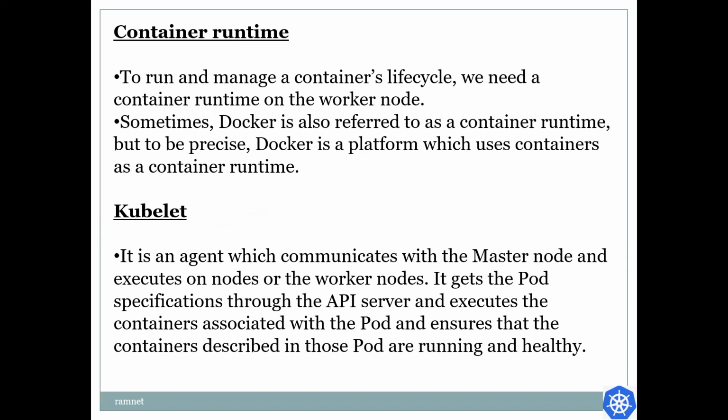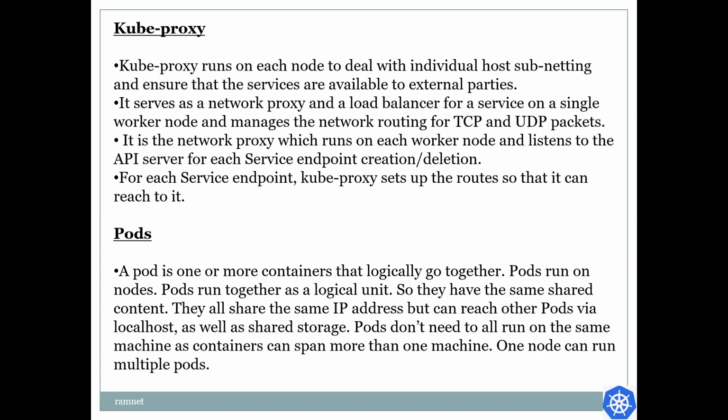Simply, it's a communication agent. It takes things from the outside, from the API, and gets them executed inside the worker node. Kube proxy runs on each node to deal with individual host subnetting and ensure the services are available to external parties.